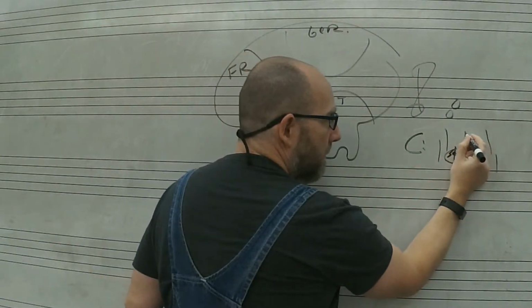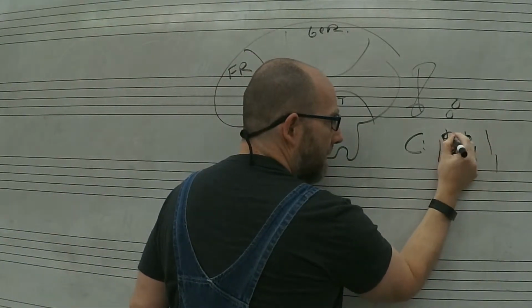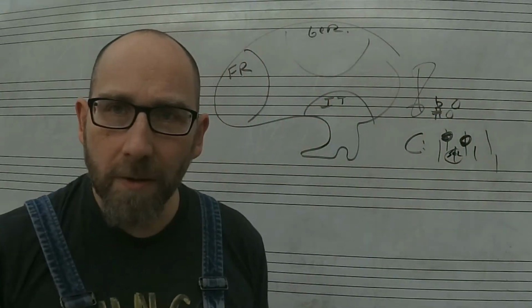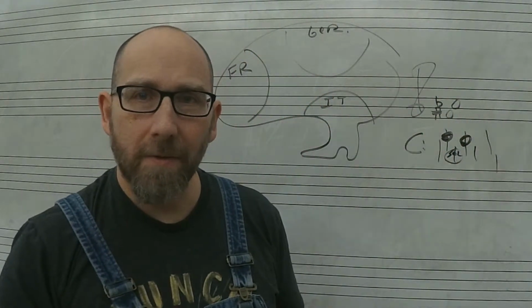So this note, which is A flat, and this note, which is F sharp, are the two notes that make up your augmented sixth interval.